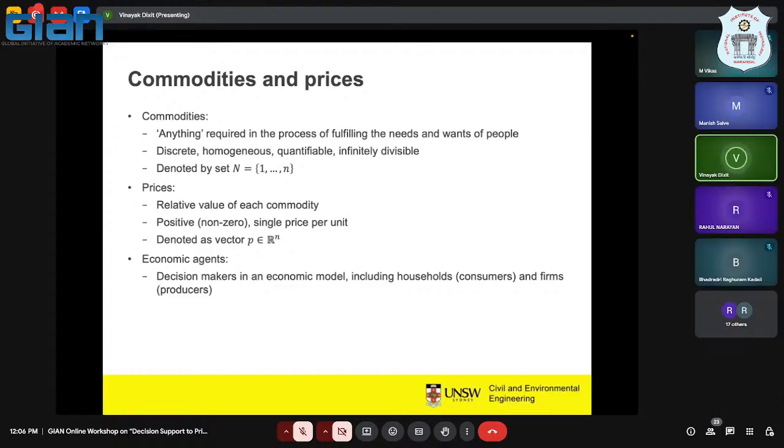Prices are basically relative values of each commodity. So you generally have what we call a baseline commodity, to which every other commodity's price is relative.